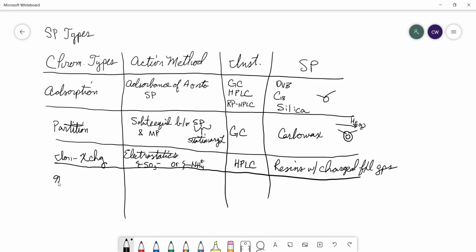We can also have molecular or size exclusion chromatography. This uses a gel with controllable pore size.